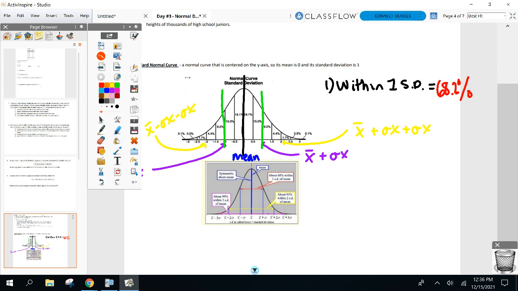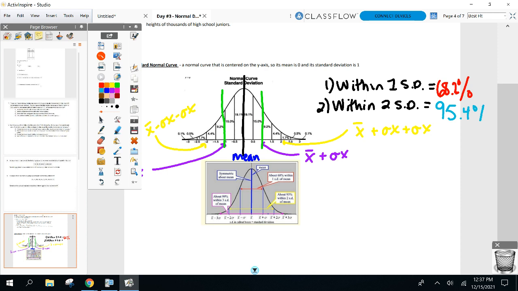The last thing I'm going to ask you to do, what percent of scores are within 2 now? Because I got to know that number too. So take your calculator. How many are within 2 standard deviations? 95.4%.